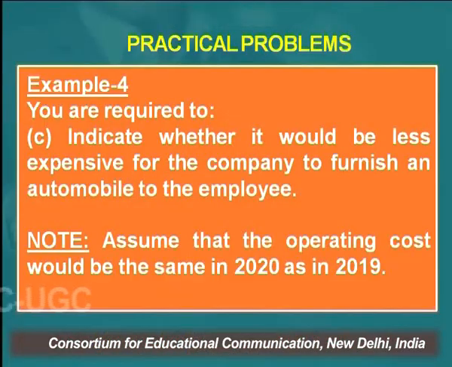Thirdly, indicate whether it would be less expensive for the company to furnish an automobile to the employee, that is, whether the employee should be allowed to use his own car or the company should provide the car to the employee. Assume that the operating cost would be the same in 2020 as in 2019. The operating cost will remain the same. In our example, you are given the operating cost of 2019. We are presuming here that the operating cost of 2020 will also remain the same, right. So how will you find out?